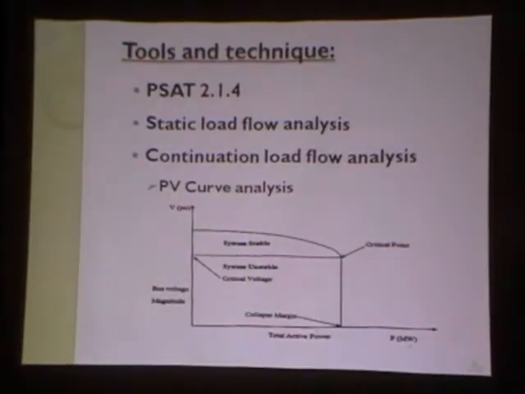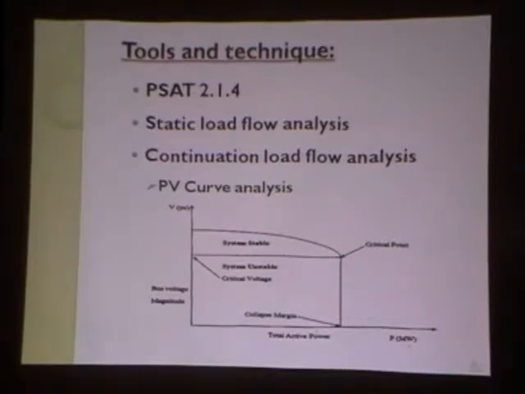So these are the tools for this project. The first tool is PSAT 2.1.4, developed by Professor Federico Milano from Italy during his PhD research. I have used that tool to analyze the grid impact for Nepal. It consists of static load flow analysis with wind power in it, and continuation power flow analysis, which involves PV curve analysis.